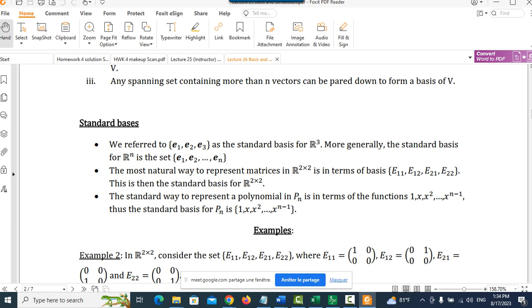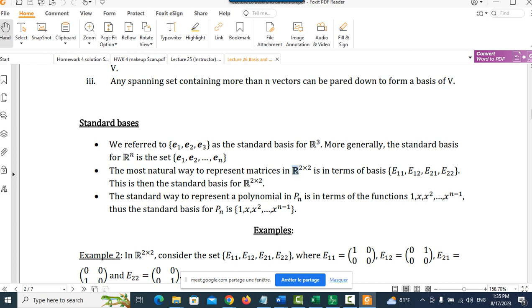Now, the most natural way to represent matrices in R2 by 2 is in terms of the basis E sub 1 1, E sub 1 2, E sub 2 1, E sub 2 2. So this is the standard basis for R2 by 2.